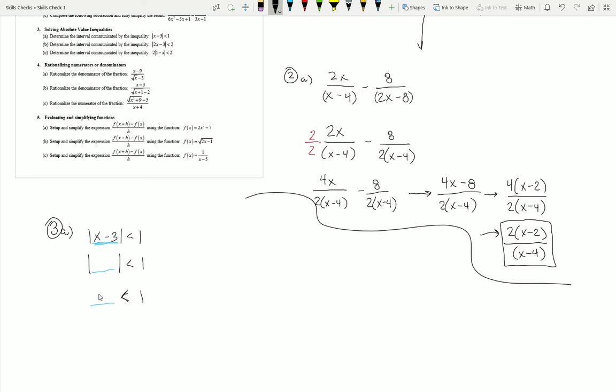However, I can't just use any value less than 1 in here, because if x minus 3 turned into the value of negative 2, then when I take the absolute value, I would get a 2 on the left side, and 2 is certainly not smaller than 1. So how low can I go here?